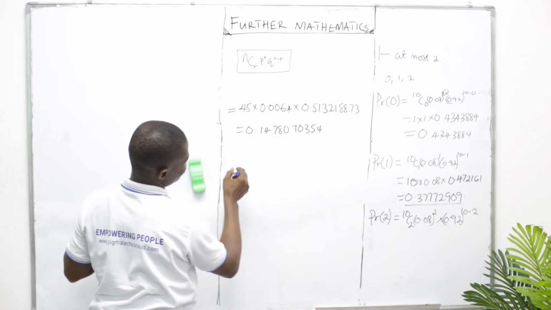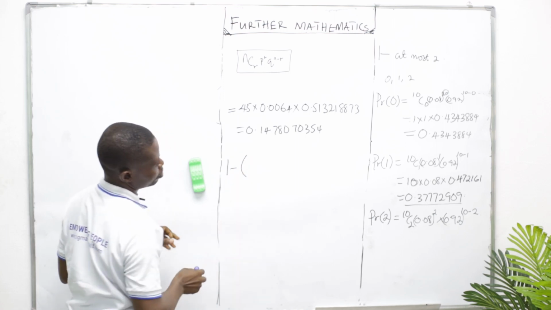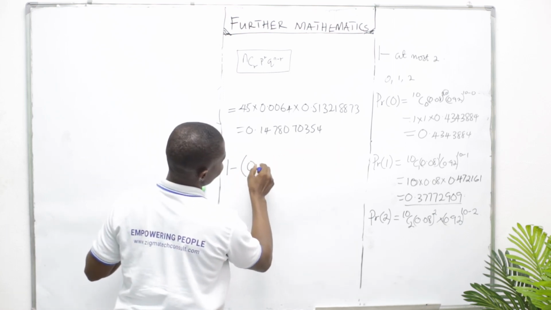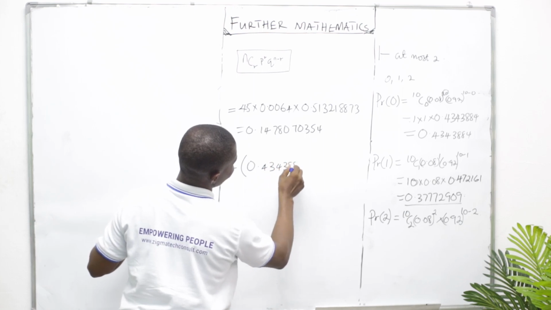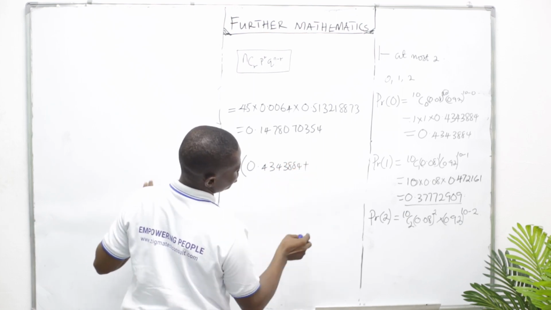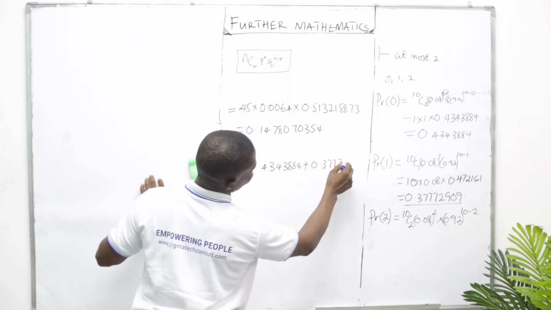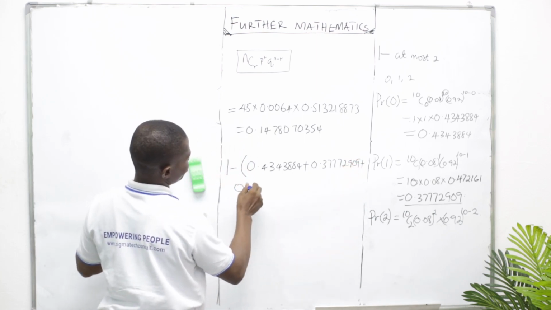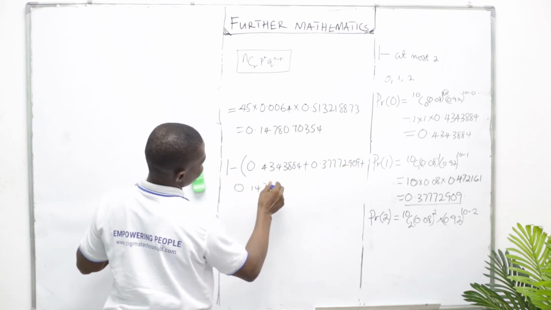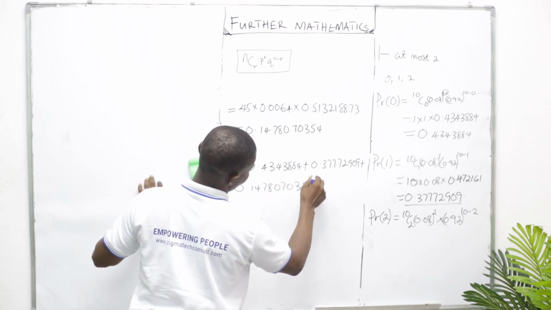1 minus at most 2 will now give us 1 minus bracket: the first one 0.43438884, plus the second one 0.3777299, plus 0.14780700354.